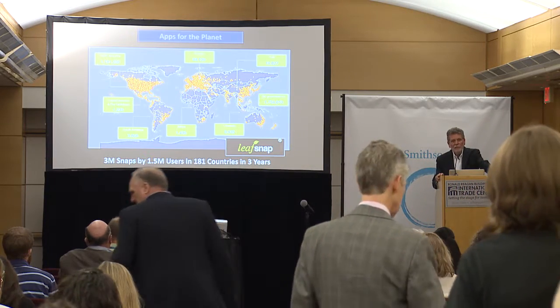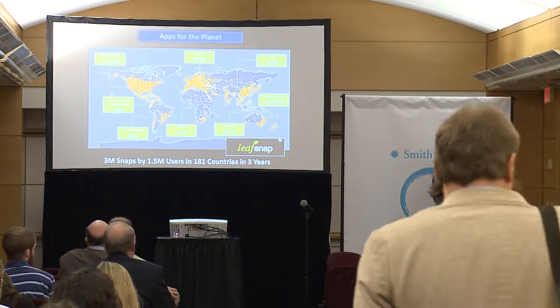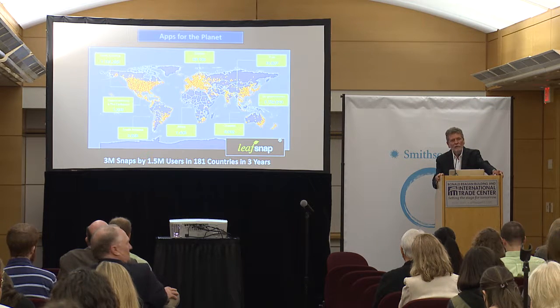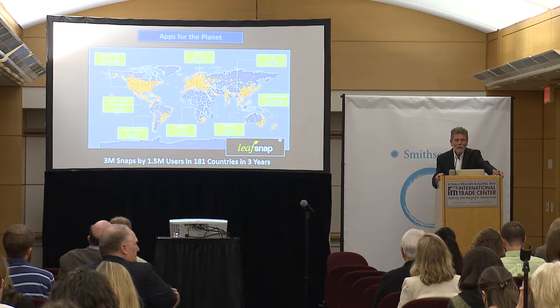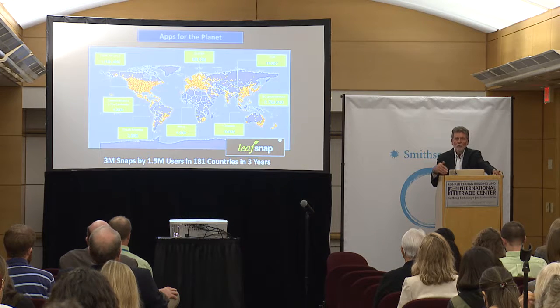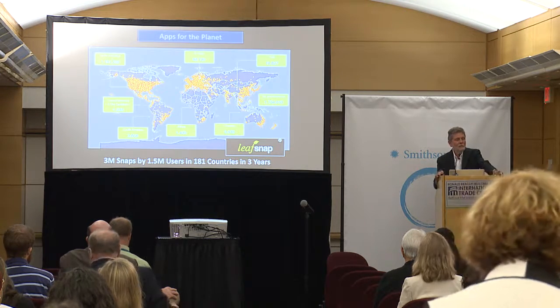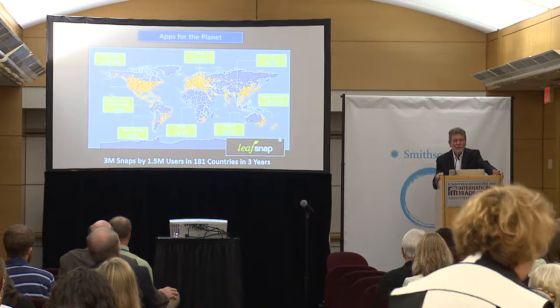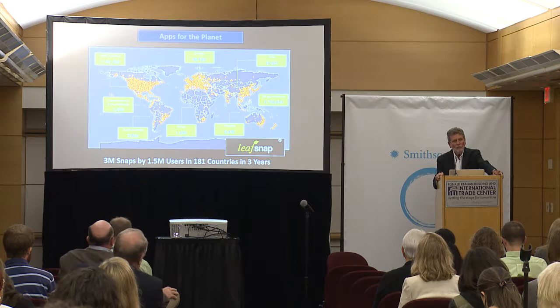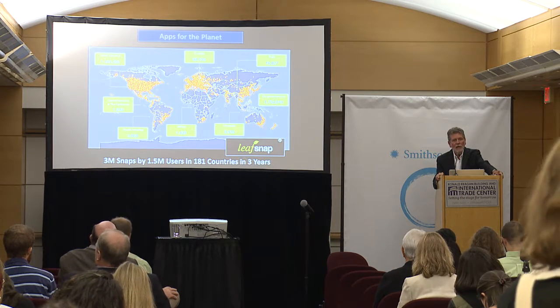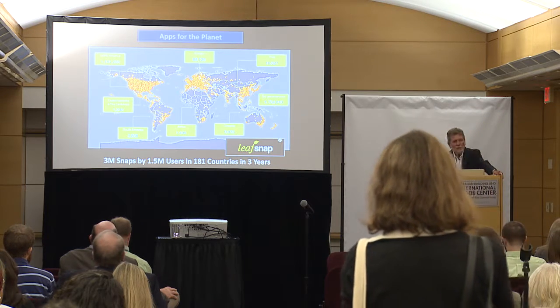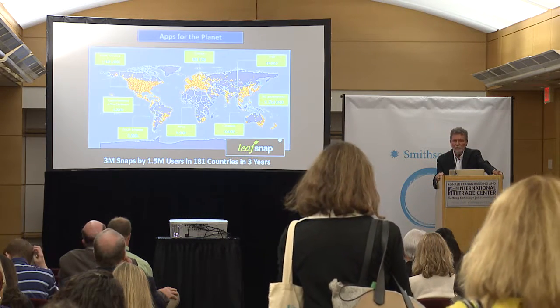LeafSnap was released about 6 years ago. We just finished analyzing the data for the first 3 years. And believe it or not, even though LeafSnap only applies to about, at this point, 200 species of trees in the northeastern U.S., we've downloaded 3 million snaps from 1.5 million users in 181 countries around the world.